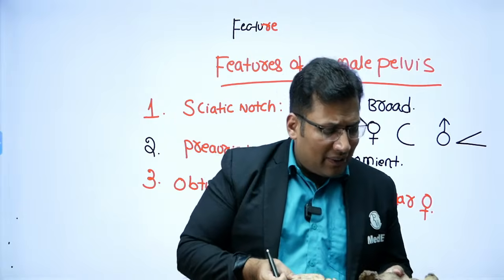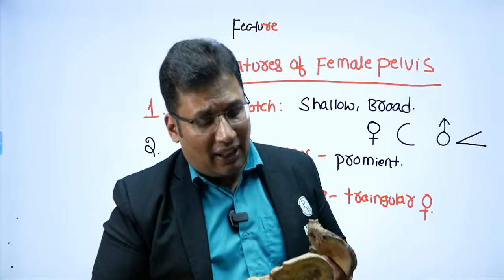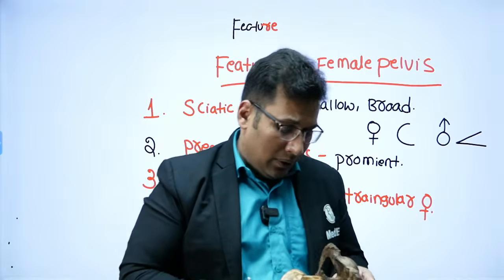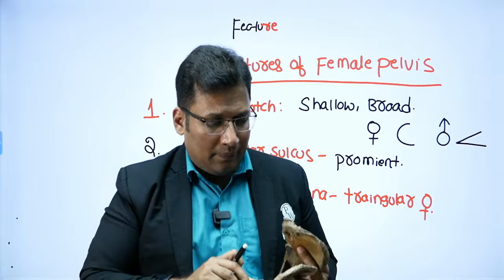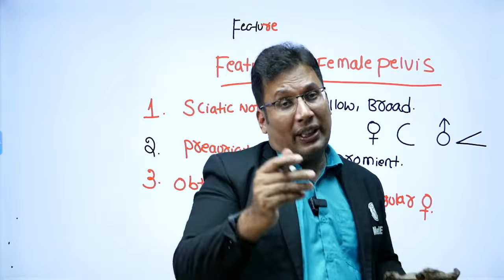There are many differences like this, more than 10 to 15 differences. You can just go through them. Then the ischial tuberosity, one more difference.